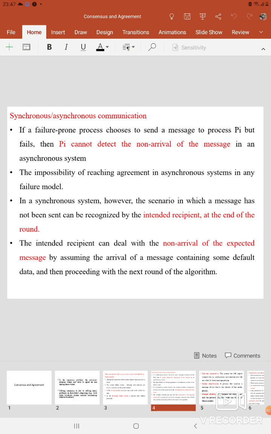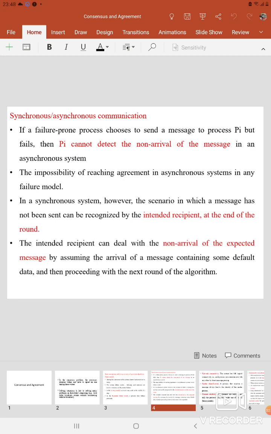The second assumption we have made is synchronous and asynchronous communication. For example, we have one failure prone process that needs to send a message to process Pi, and in the middle, that process fails. In this case, Pi cannot detect the non-arrival of the message in an asynchronous system.